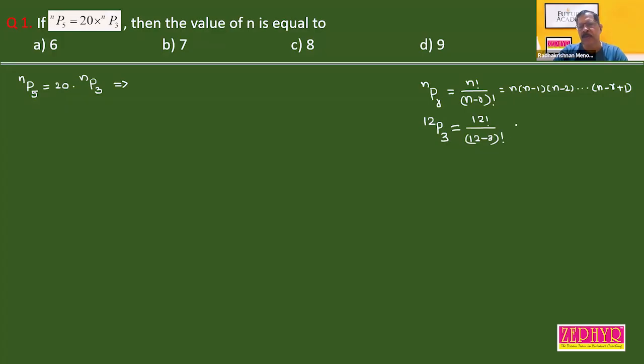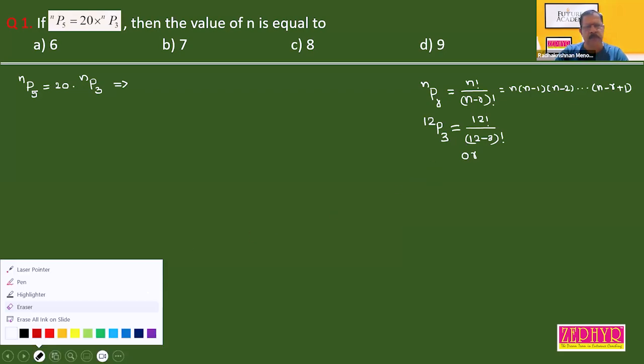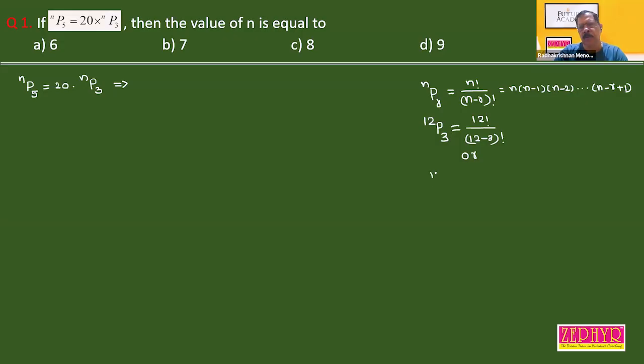Or nP3 is equal to, 12P3 is equal to twelve into 11 into 10. This is the shortcut.